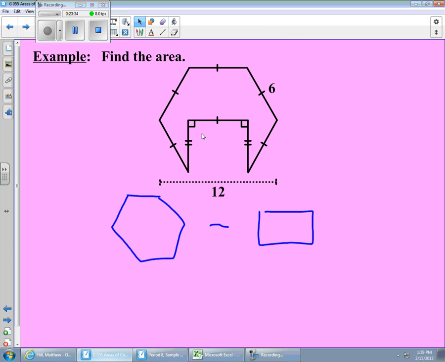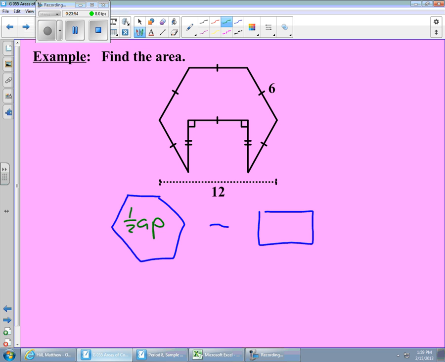Okay, how do you find the area of a regular polygon? Yep. 1/2 times the apothem times the perimeter. Some of you went a little gung-ho yesterday on the quiz, trying to use that formula for every shape you saw. Okay, not a good plan.